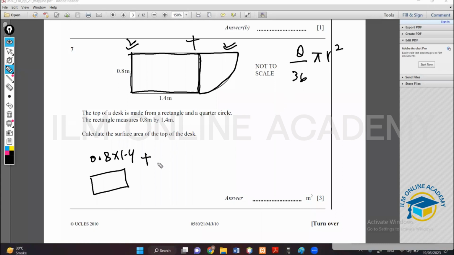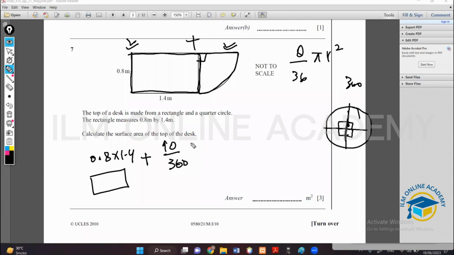So theta is what? In the whole circle, the angle is 360 degrees. If we divide our circle into 4 equal pieces, we have 90, 90, 90, 90. So in one quarter circle, there are 90 degrees. So 90 over 360 times pi r square.